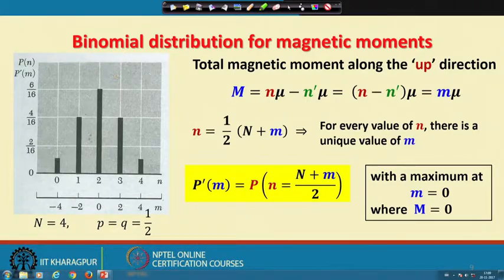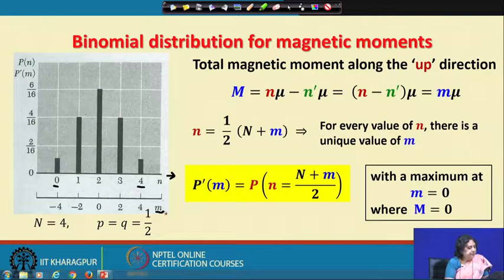Let us have a look at the resultant binomial distribution. As you see along the x axis, when I plot small n, the values start from 0 and go all the way up to 4, because I have capital N equal to 4. What are the corresponding values of small m? They are given along this direction.